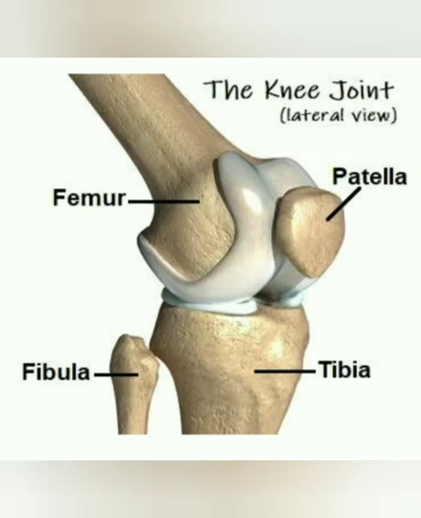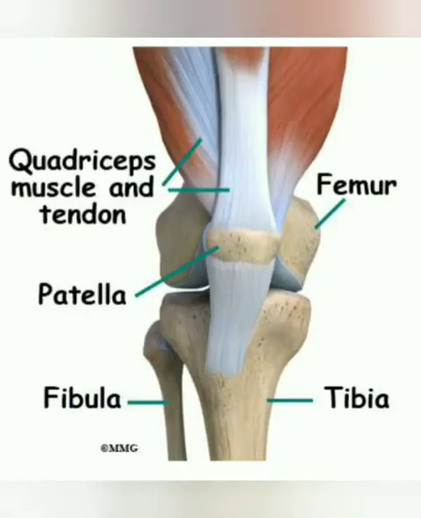In this picture you can see that it articulates with the femur, that is the thigh bone, and covers and protects articular surface of the knee joint, and it is attached to the tendon of the quadriceps muscles, which contracts to extend or straighten the knee.